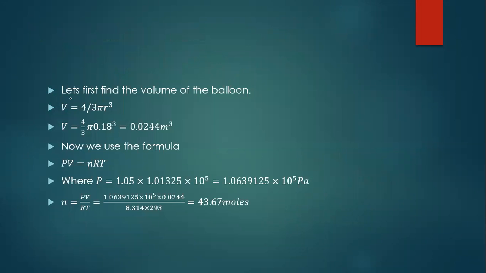First of all, we need to find the volume, because they told us it's a helium balloon with a radius. They give us a radius, but we need to find out the volume.